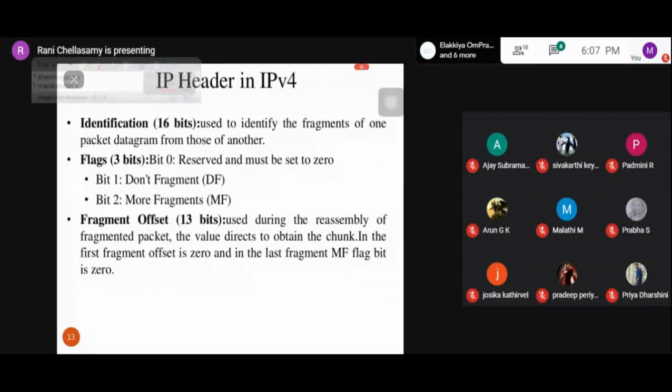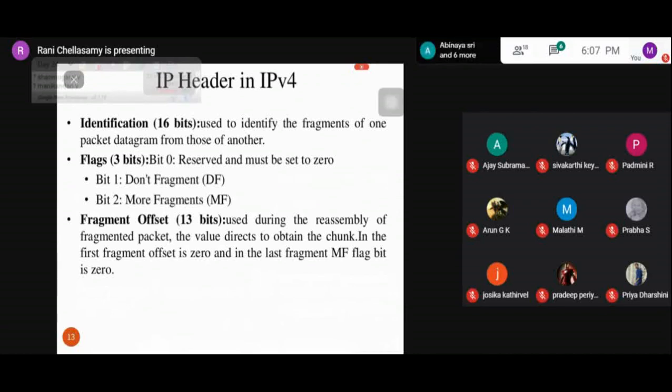Bit 0 is reserved, mainly meant for research, and it must be set to 0. Bit 1 represents Don't Fragment, DF. Don't fragment means the packet should not be broken up. And bit 2 represents More Fragments, MF.